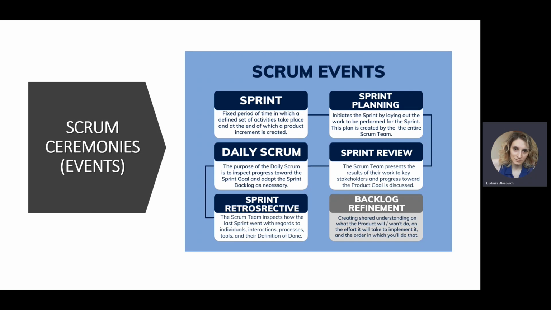And you can see that the last event, colored in gray, is not actually included in the Scrum Guide, but it's always held during the process of product creation. This is backlog refinement, or maybe you've heard another term for this meeting, grooming.